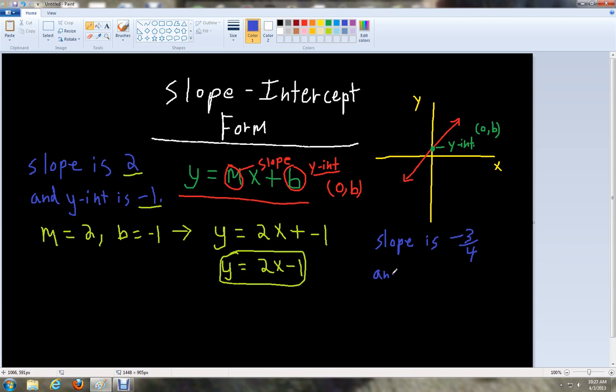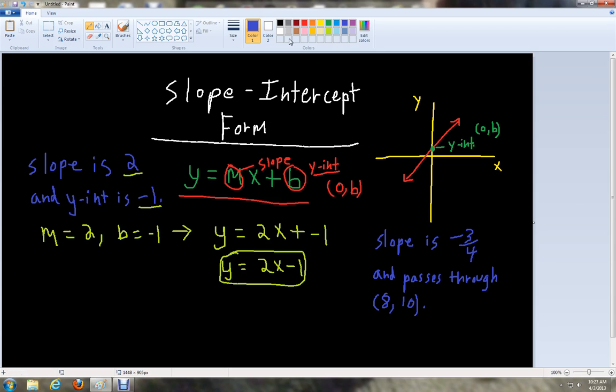And we'll say that it passes through another point, let's say (8, 10). It passes through the point (8, 10). So we have the slope and we have a point on the line.